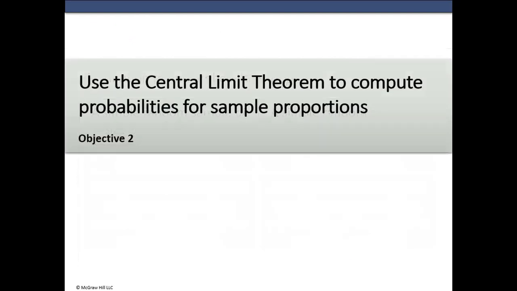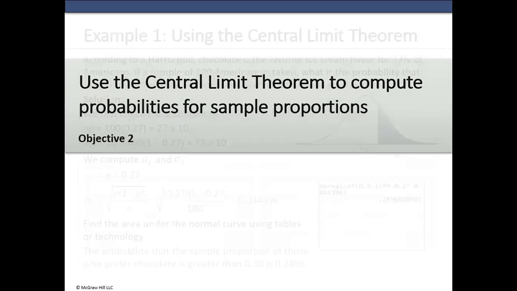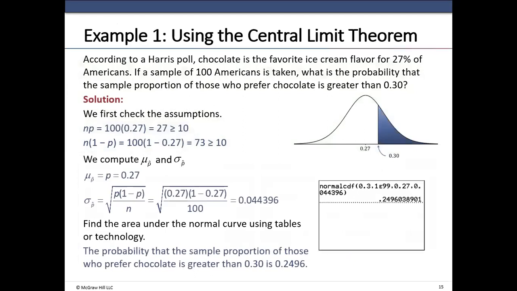Use the central limit theorem to compute probabilities for sample proportions. According to Harris's poll, chocolate is the favorite ice cream flavor for 27% of Americans. That is, your population proportion p is 0.27. Hence, mu p hat, the mean of the sampling distribution of p hat, is equal to p, which is 0.27. And what about the standard deviation?